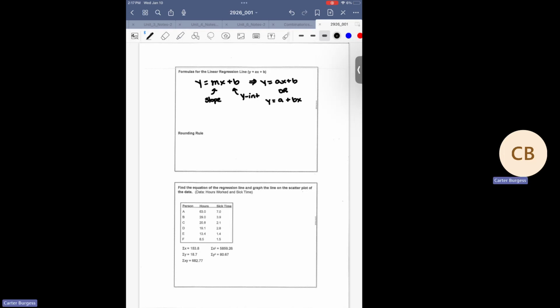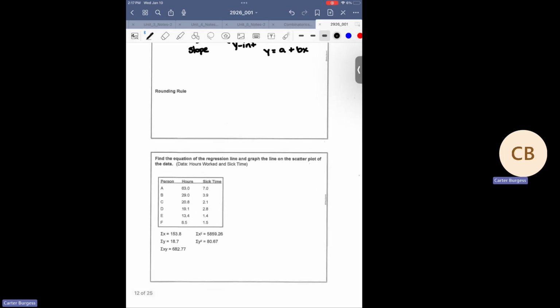So for instance, taking a look at our first example with the hours worked and sick time, if we go into stat edit, we'll delete all of that, delete all of this. This is 63, 29, 20.8, 18.1.